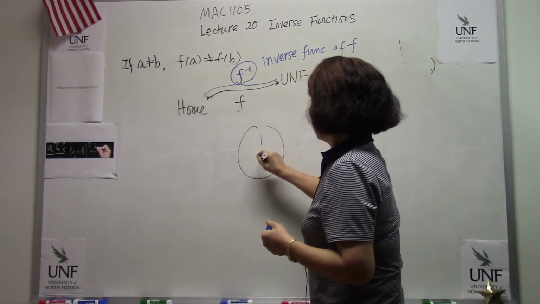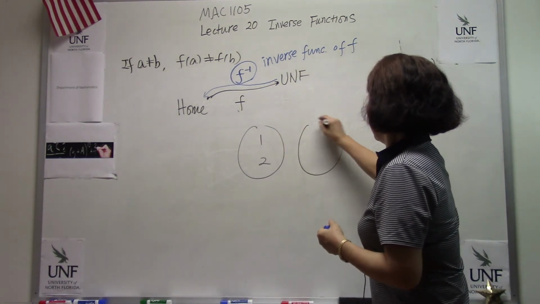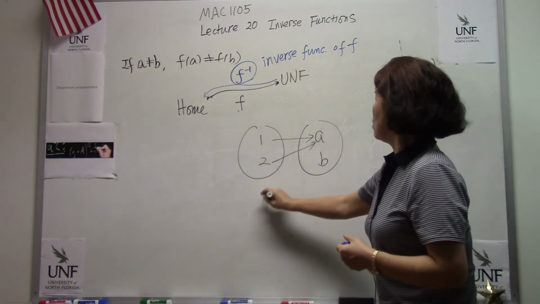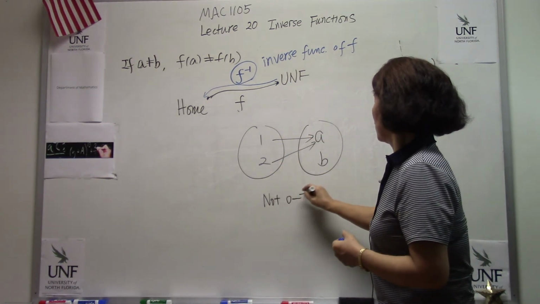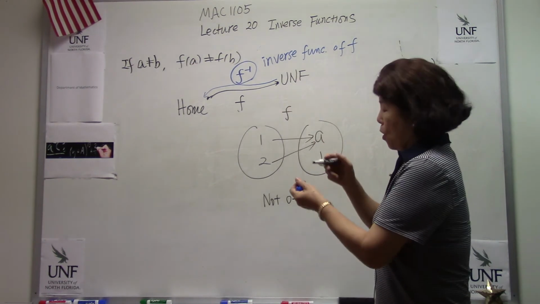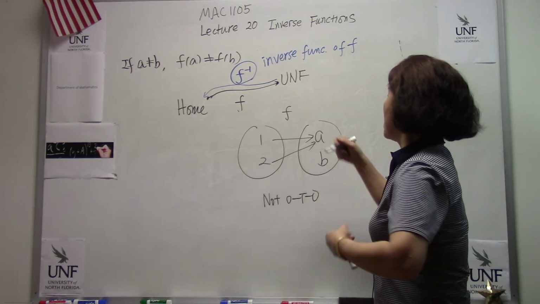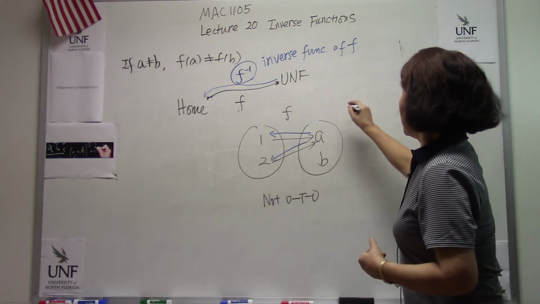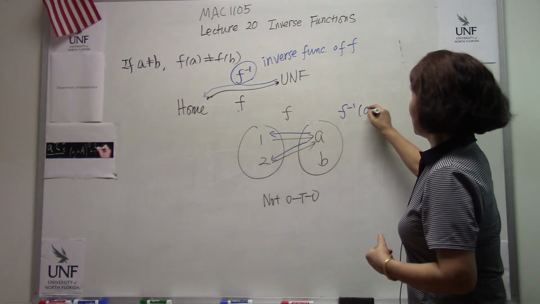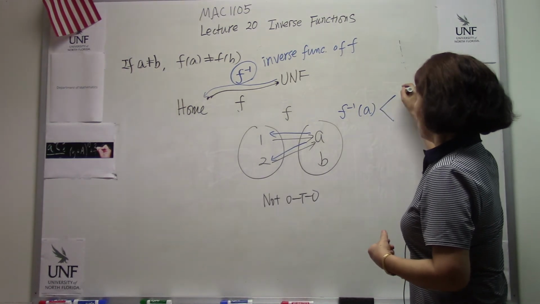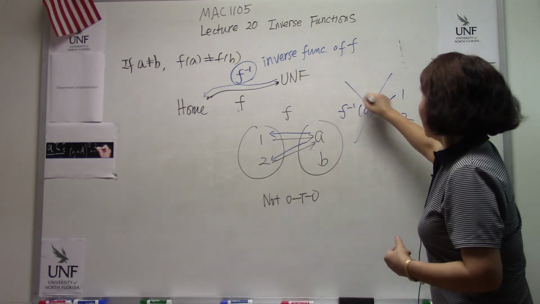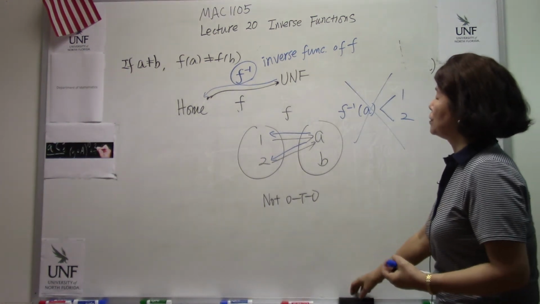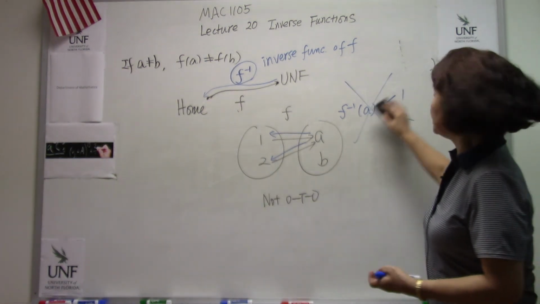If the function has 1 and 2 going to A and B, so let's say this is not one-to-one. When you want to reverse the arrows, this one goes to here and this one goes to here. So when you have f inverse of A, you have what? 1 or 2. You cannot have this. Okay? That's why only one-to-one functions have inverses. All right.